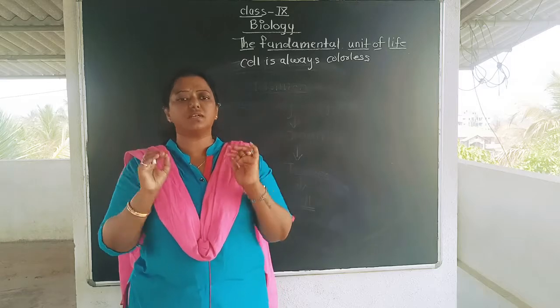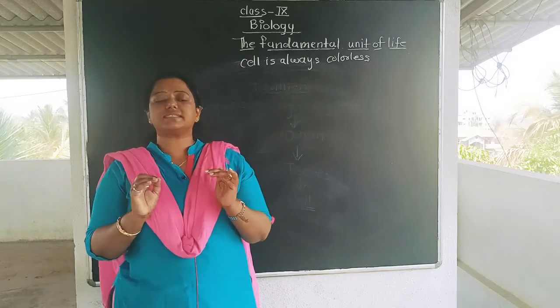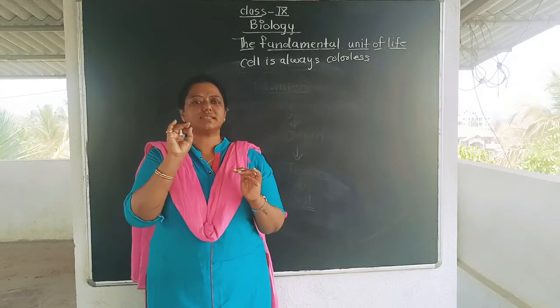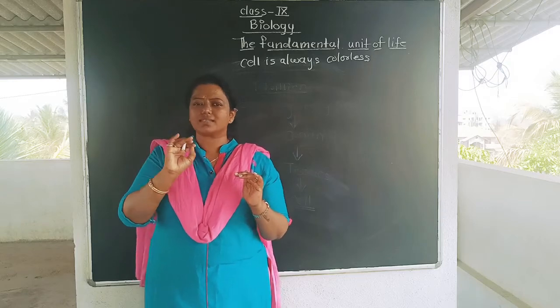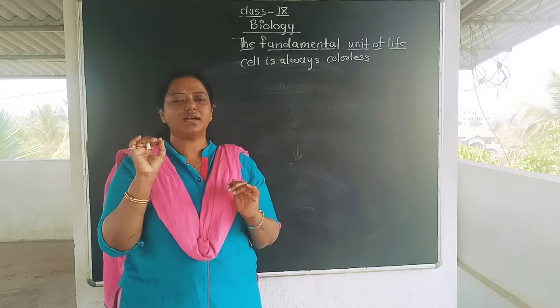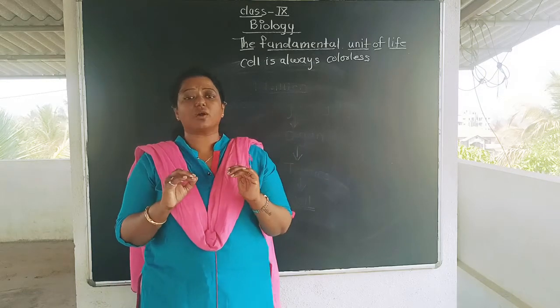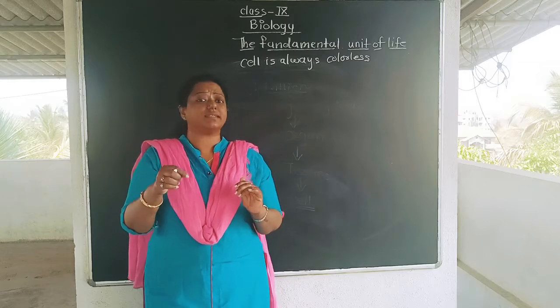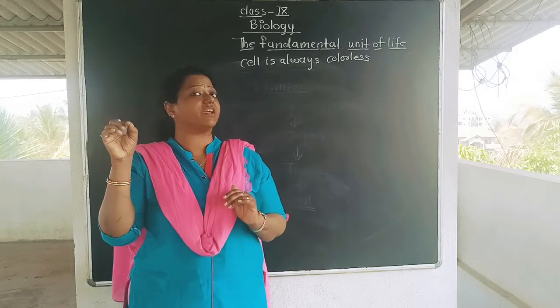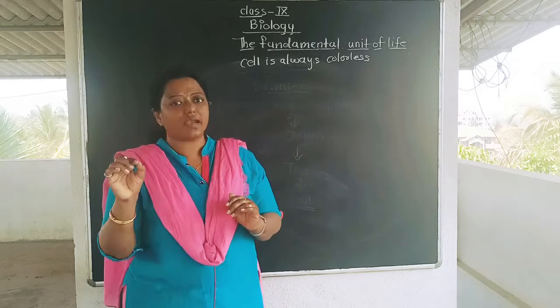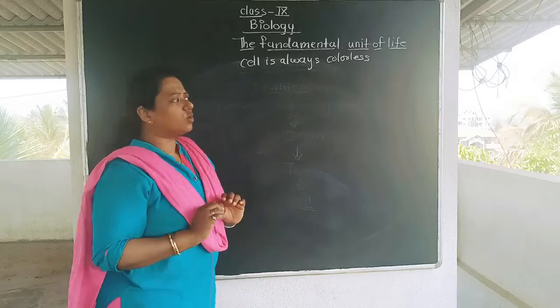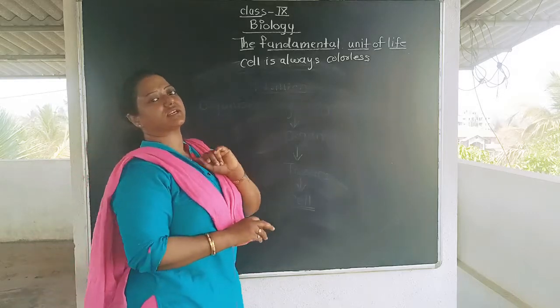Under the microscope, we see the middle a little colored, and at the side in the cytoplasm it is less colored, only because we have applied a stain. Otherwise the cell does not have any color. The cell is colorless.